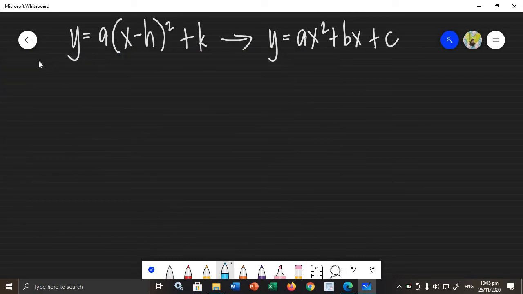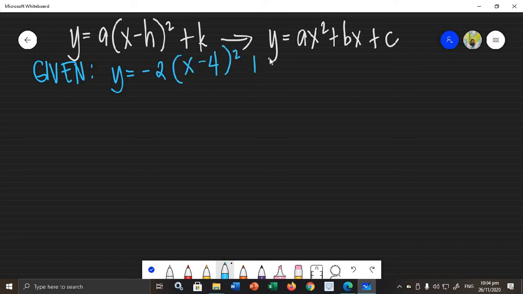let's say I have y is equal to negative 2 times quantity x minus 4 squared plus 5. And then, we will be changing this into the standard form of quadratic function. Yan. So, let's write our solution.